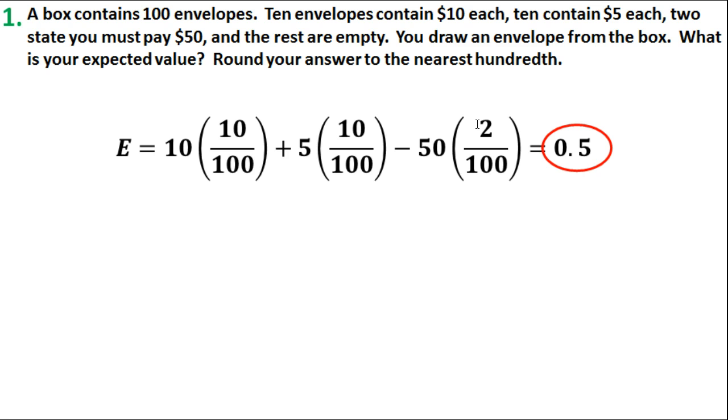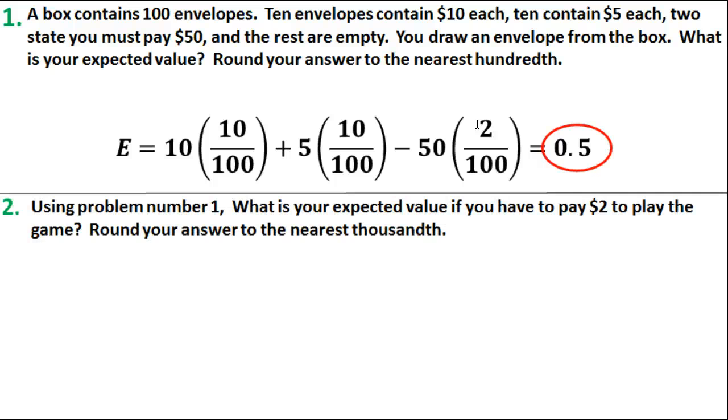Now, if we change the question just slightly, we're using the same scenario as we did up here. The only difference is now that you have to pay $2 just to play the game. So before it worked to our advantage because we're going to get an expected value that's positive. It's going to be 0.5, the equivalent of 50 cents on this one, if we play it enough.